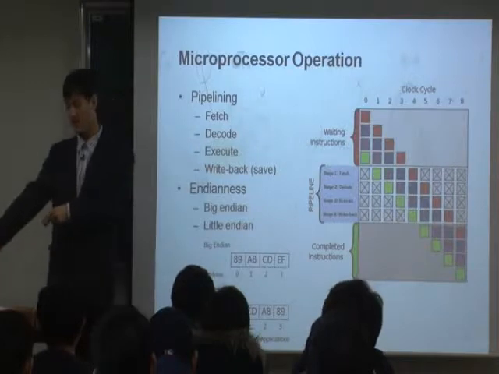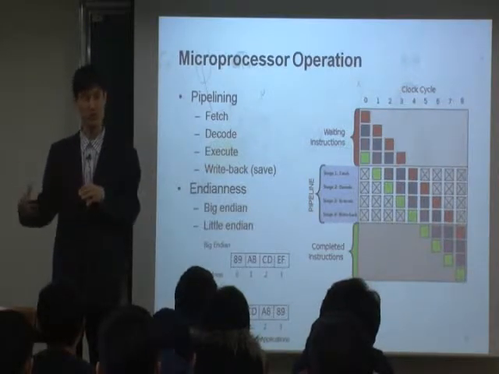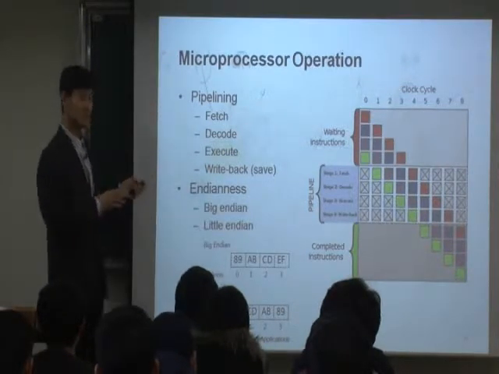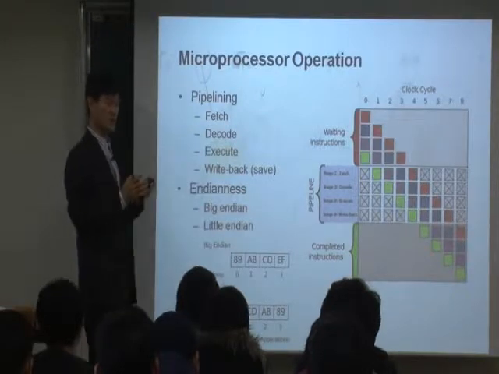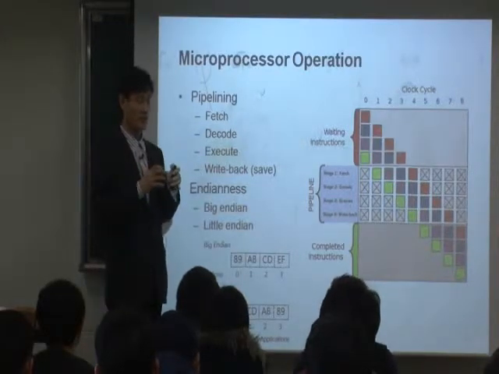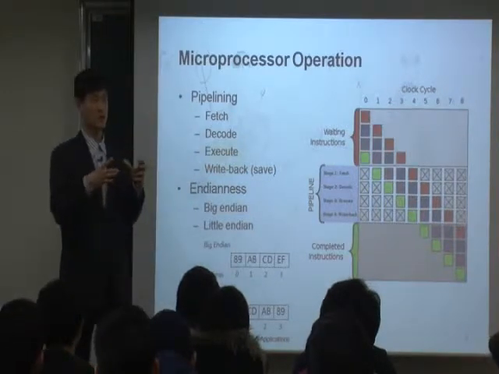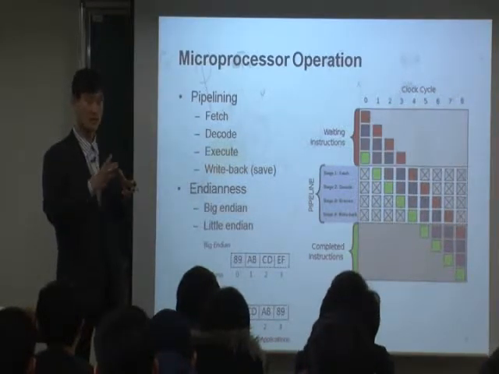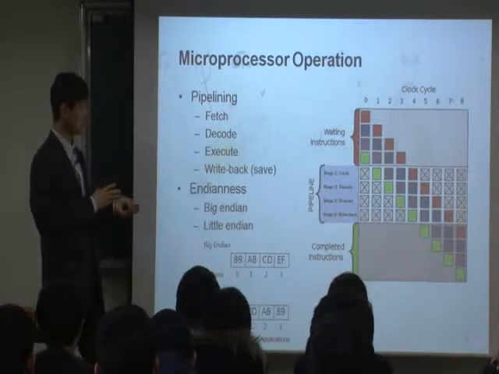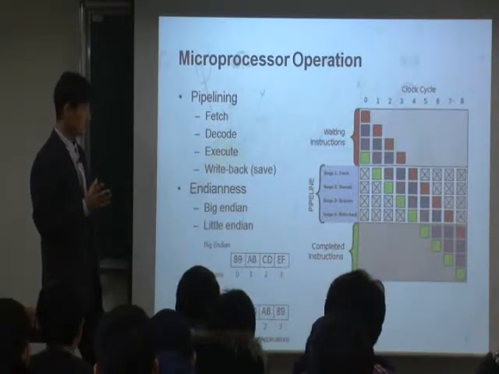Maybe on the PC, if you write a C program in Windows, probably you don't see this problem. But when you run it on a washing machine or some kind of embedded system, or maybe an automobile, then you will always see this problem.